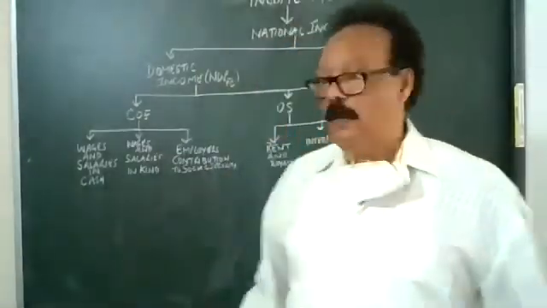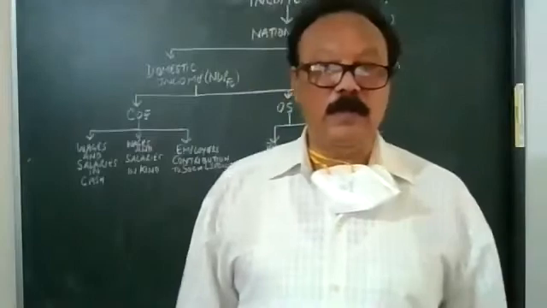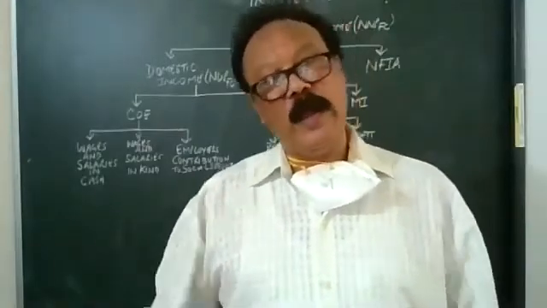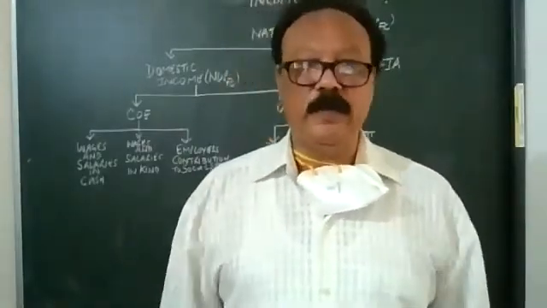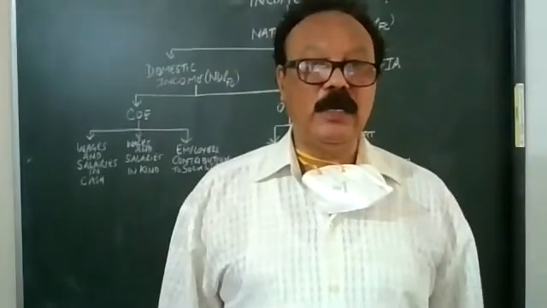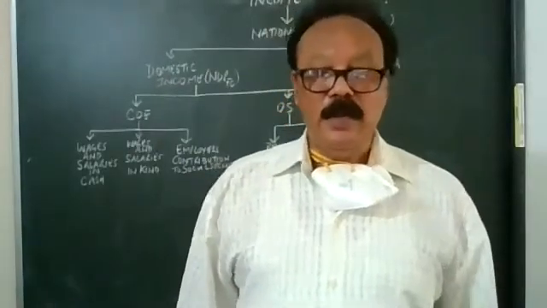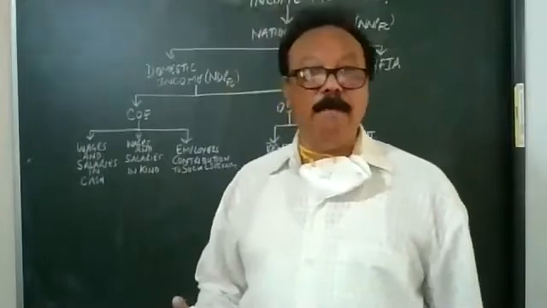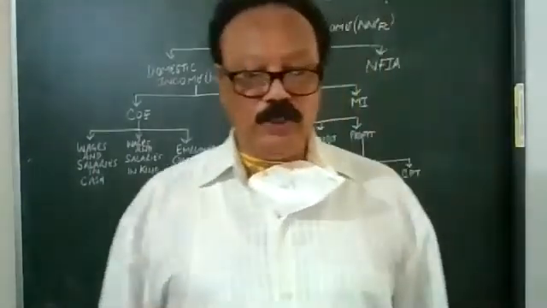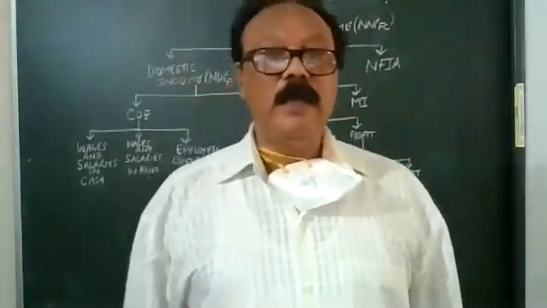Now remember, when there is a contribution made to the provident fund, both the employer and the employee contribute to it. But while calculating the national income by this method, here only the employer's contribution to the provident fund will be taken.